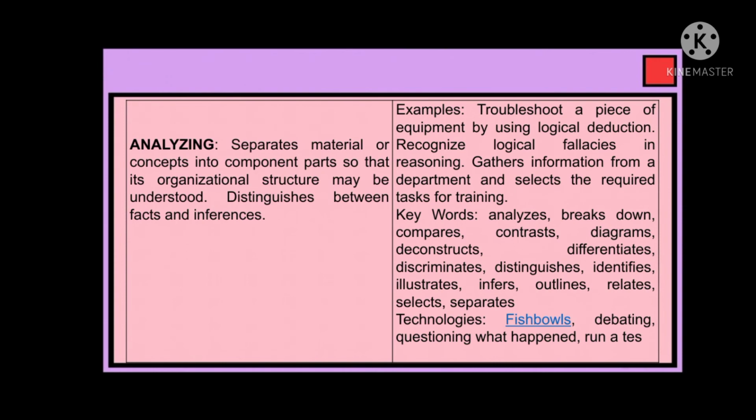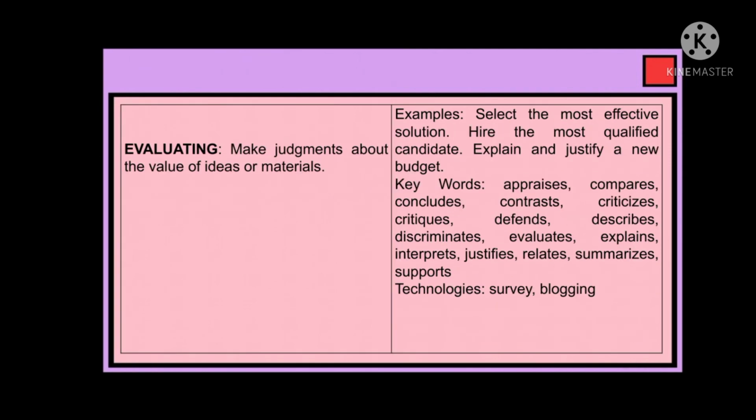The keywords under analyzing are analyzes, breaks down, compares, contrasts, diagrams, deconstructs, differentiates, discriminates, distinguishes, identifies, illustrates, infers, outlines, relates, selects, and separates. You can also have activities like fishbowls, debating, questioning, and what happened, and run a test.